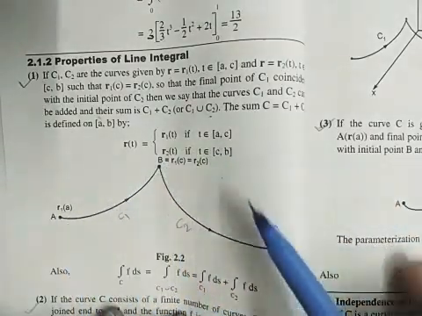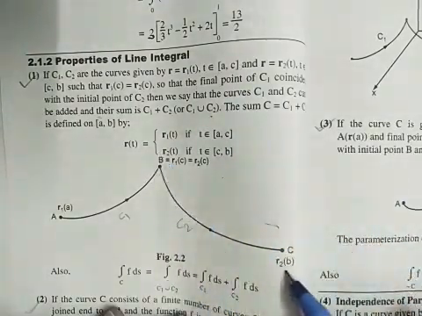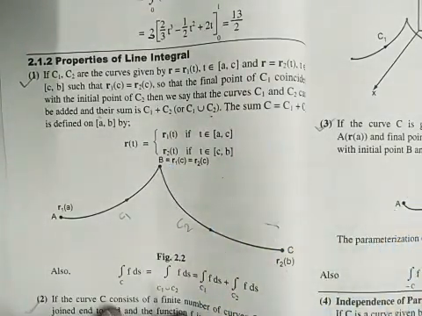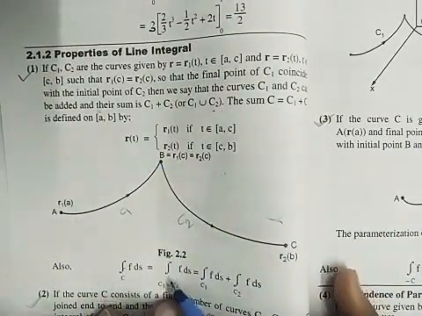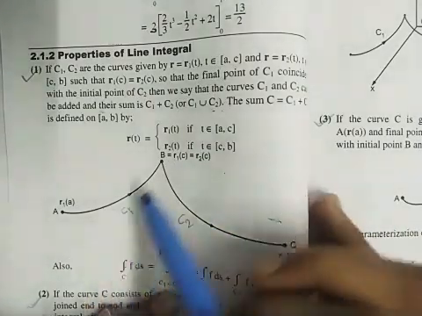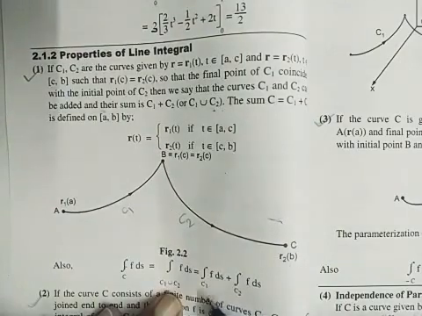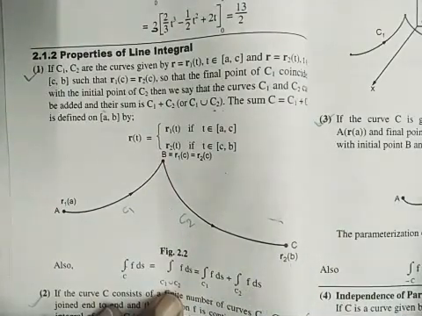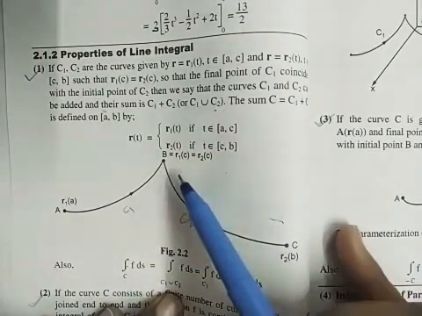For another interval, for t varying from C to B, there is a curve C2. Then the integration of f over this complete C is the same as the integration over C1 union C2, and that will be the integration over C1 plus the integration over C2. Here the end point of the first curve is the starting point of the second curve.